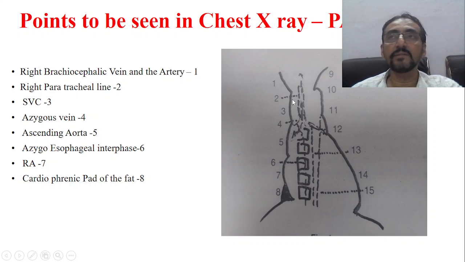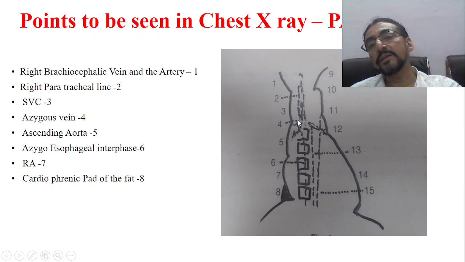On the right side is the right paratracheal, on the left side is the left paratracheal. Para means sides, on the sides of the trachea. Number 3, this portion, indicates the superior vena cava. So here this is the right brachiocephalic vein and artery, and this is the superior vena cava.